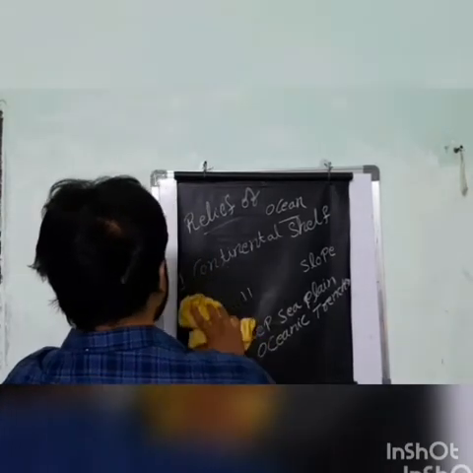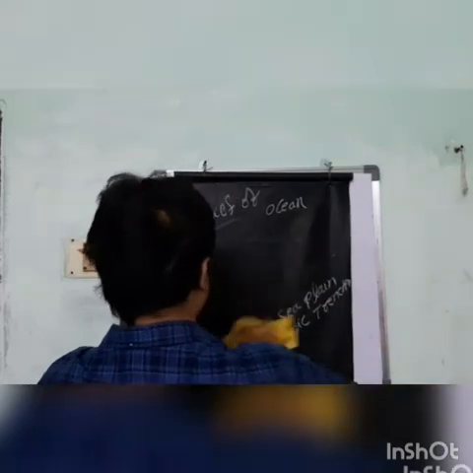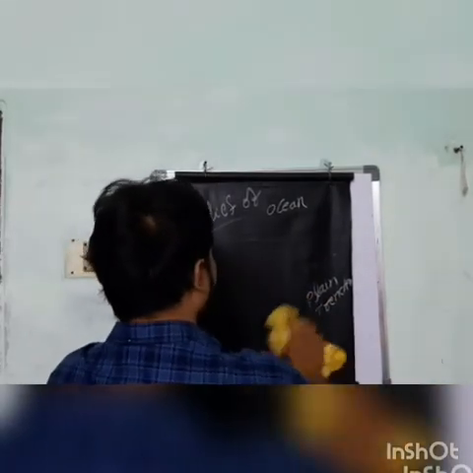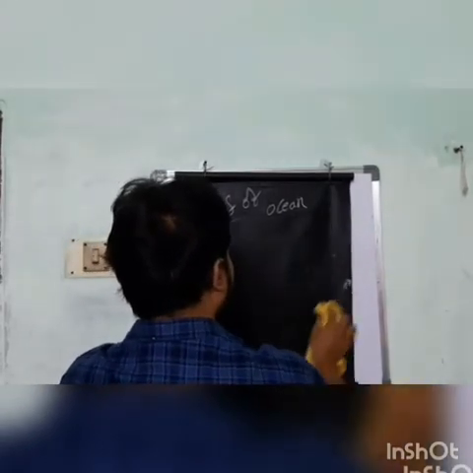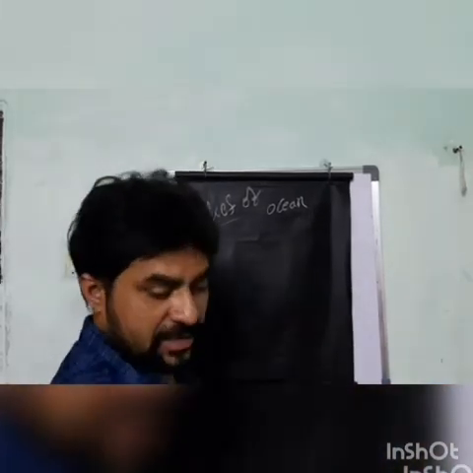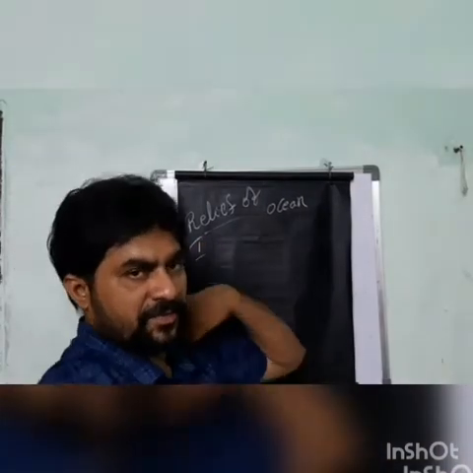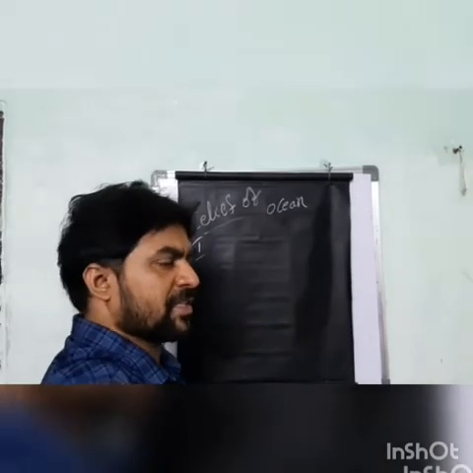One more time to revise. The first one is Continental Shelf, second is Continental Slope, third is Deep Sea Plain, the fourth is Oceanic Trenches. First I'll start with the first one, Continental Shelf.